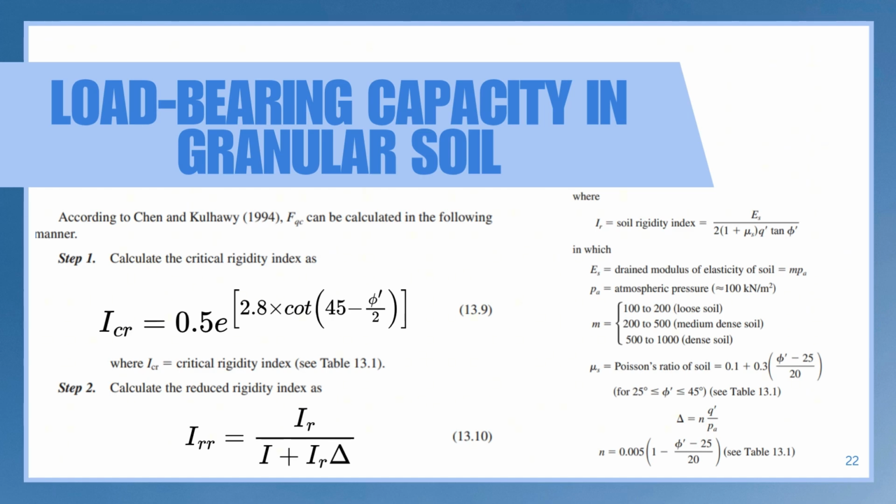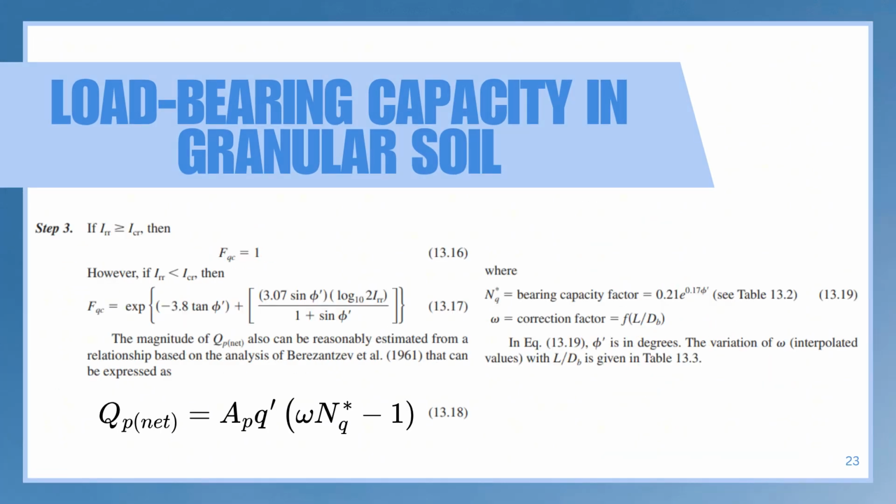In the next step, we compare the reduced rigidity index I_rr with the critical value I_rc. If I_rr is greater than or equal to I_rc, the compressibility factor is equal to 1, meaning compressibility has little effect. However, if I_rr is smaller, use equation 13.17 to solve for the compressibility factor.